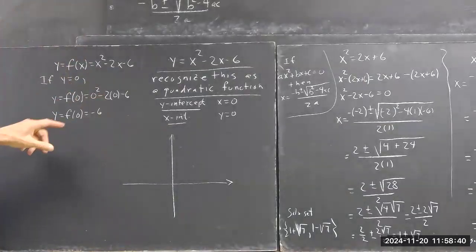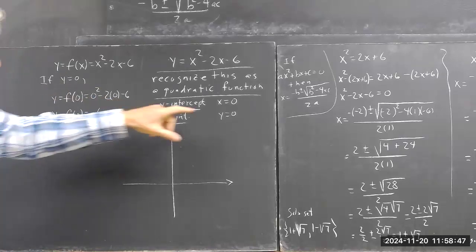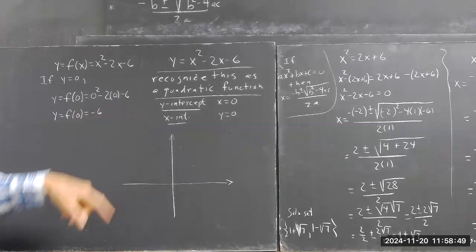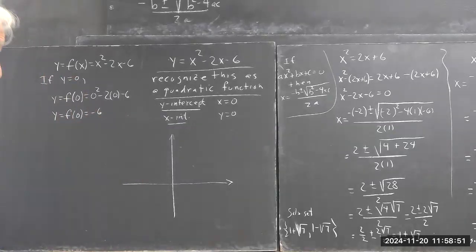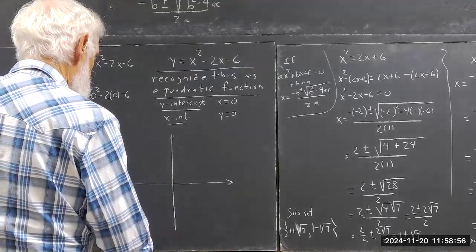So anyhow, I've asked you to plot the point x equals 0, because that's why we replaced x by 0, and y equals -6. Well, that point is going to be down here on the y-axis.